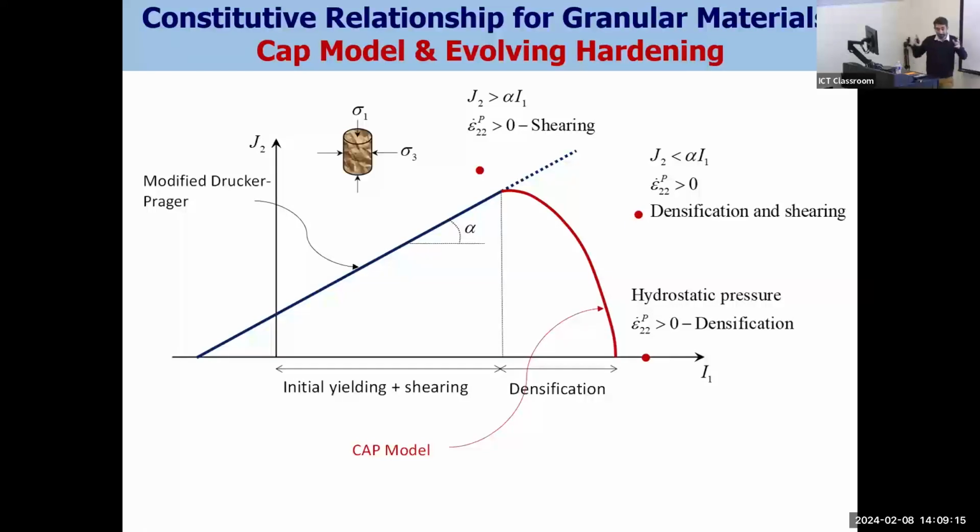One is densification. You apply a very high level of confinement. Another one is a combination of densification and shearing, which is in this region right here. And then here it is mostly shearing because J2 is much higher than alpha I1.